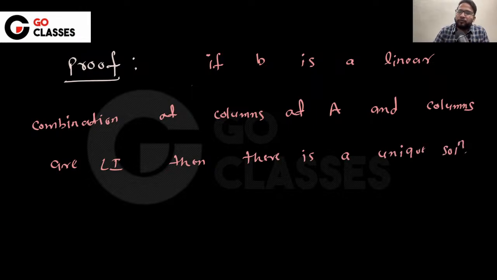That's a very easy proof. So they have given it, right? B is a linear combination of columns of A. So maybe you can write B as a linear combination of columns of A.